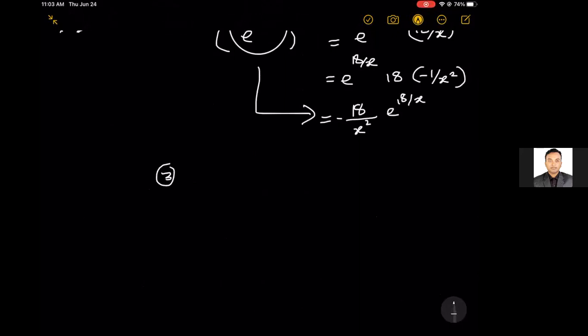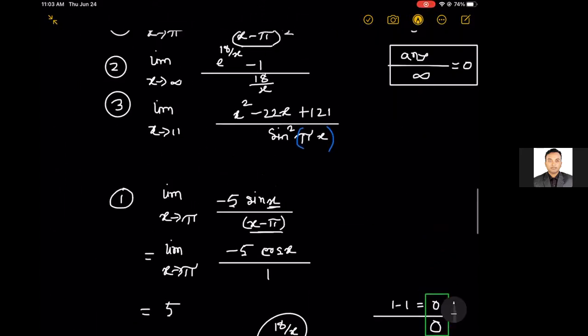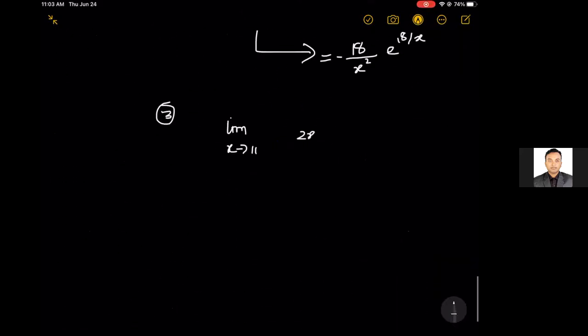So the first derivative of the numerator will be 2x minus 22, right? So it will be 2x minus 22.